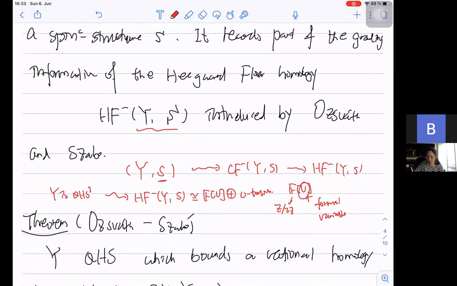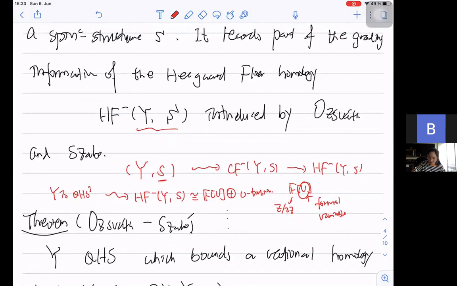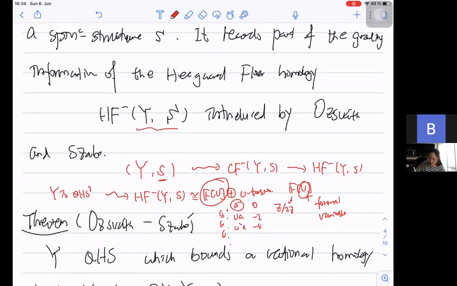The homological grading of U is minus 2. So you have the generator for this F[U] tower. Let me call the generator A. Then the next one is UA, because U acts on this tower gradually, and you have U squared A, etc. Once you know the grading for A, for example, if the grading is 0, then UA has grading minus 2, then minus 4, etc. So the key point for the grading information in the tower part is the generator.